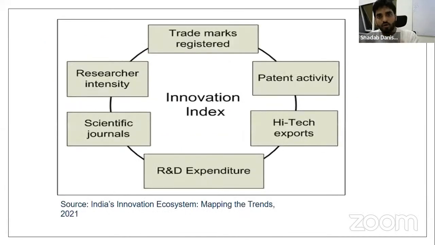Let's look at what the things are here. There is an innovation index. In the complete innovation index, there will be R&D expenditure. They will develop, write journal articles, and research will happen. They will file a patent or maybe a trademark, and they'll export high-tech technology.